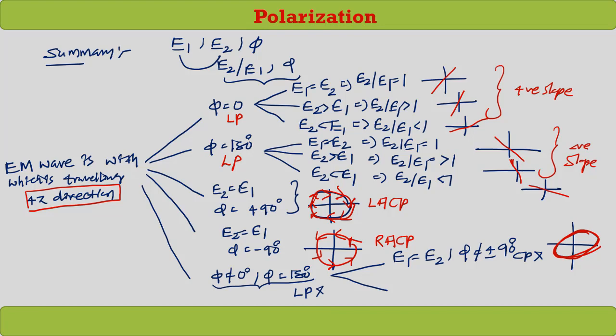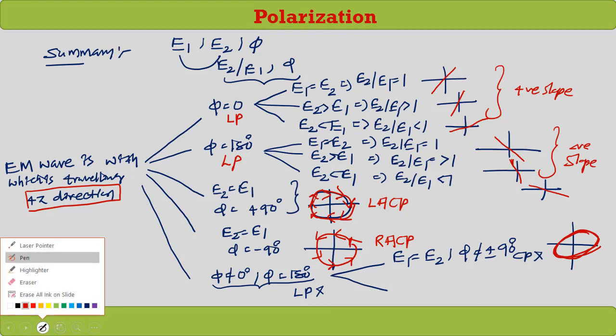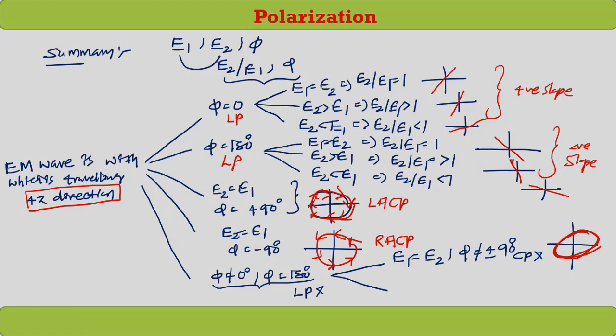Then you are not taking phi 0 or phi 180, so LP you are not taking. Now you are also not taking E1, E2 equality. You are taking unequal values of E1 and E2, but phi is plus 90 or minus 90. Plus 90 and minus 90 are related to LHEP and RHEP.